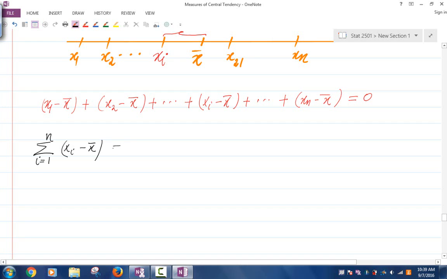Well, this is equal to the summation, i going from 1 up to n, of xi minus the summation, i going from 1 up to n, of x bar.